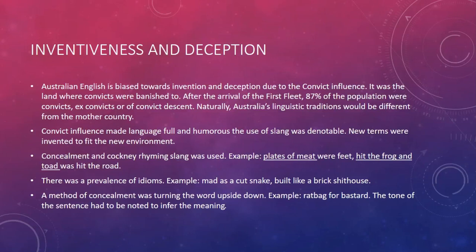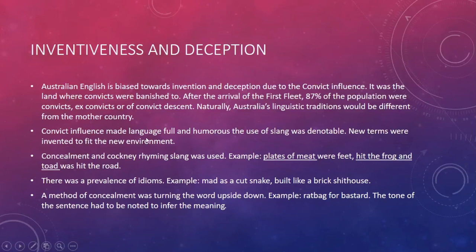So when the first fleet of ships came from all over the Commonwealth countries, 87% of the population in Australia consisted of convicts, ex-convicts, or they were of convict descent. So either they were convicts, ex-convicts, or children of convicts. So naturally, Australia's linguistic traditions were completely different from that of Britain or other Commonwealth countries.